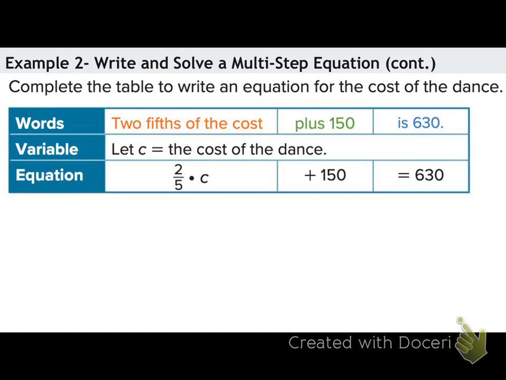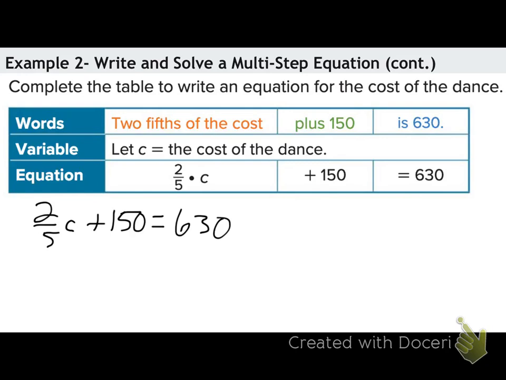Now I need to actually solve this equation. So, what two numbers are on the same side of the equal sign as C? 2/5 and 150. What do you guys think we need to get rid of first? The 150. Okay? It's 2/5 C plus 150.